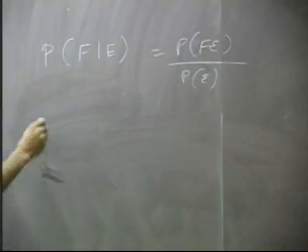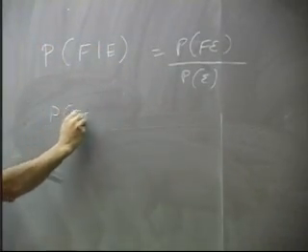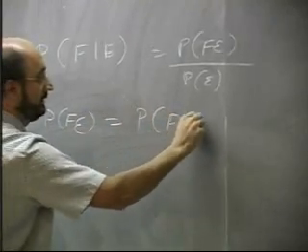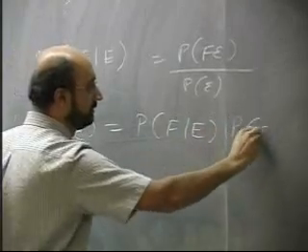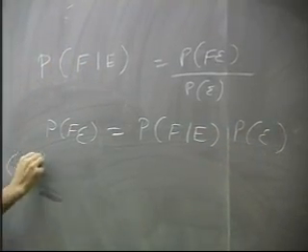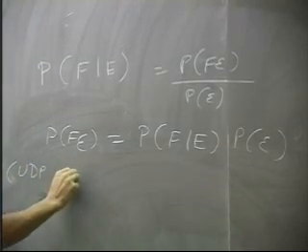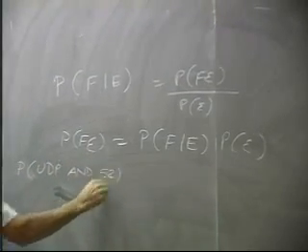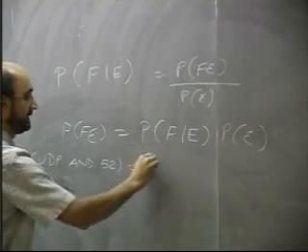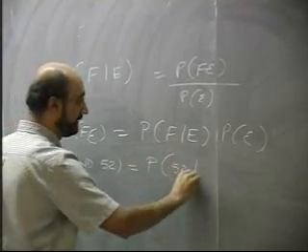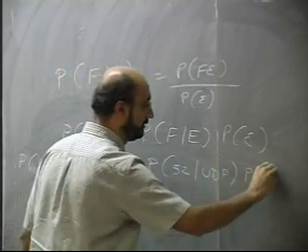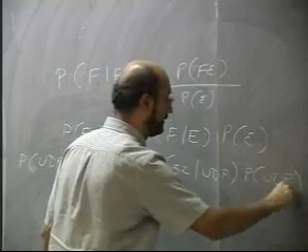What this means is that P(F and E) is nothing more than P(F given E) times P(E). So the probability of UDP and 52, which is the event that its length is 52 bytes, is nothing more than the probability of 52 given UDP times P(UDP).